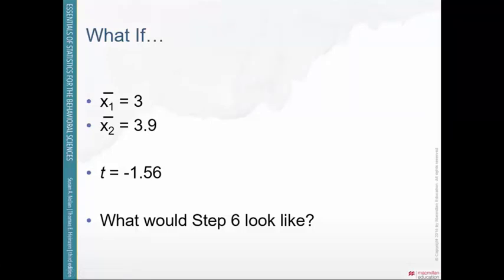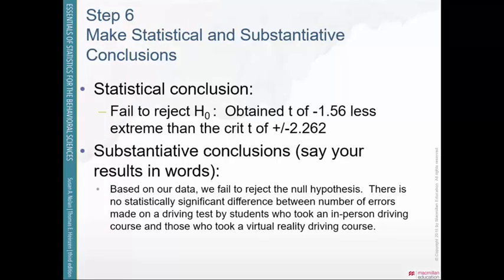Pause it here so we can give you a chance. And your conclusions would now be that you would fail to reject the null. Our obtained t of negative 1.56 is less extreme than the critical t of plus or minus 2.262. Based on our data, we fail to reject the null. There's no statistically significant difference between number of errors made on a driving test by students who took an in-person driving course and those who took the virtual reality driving course.